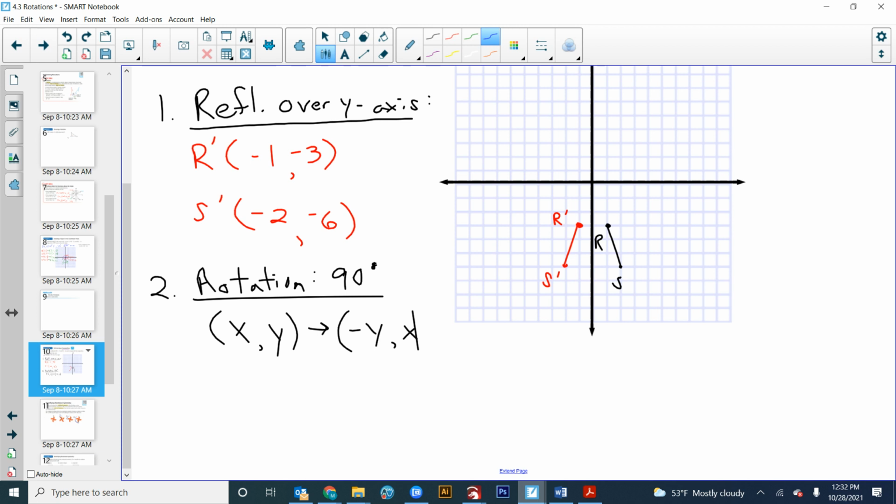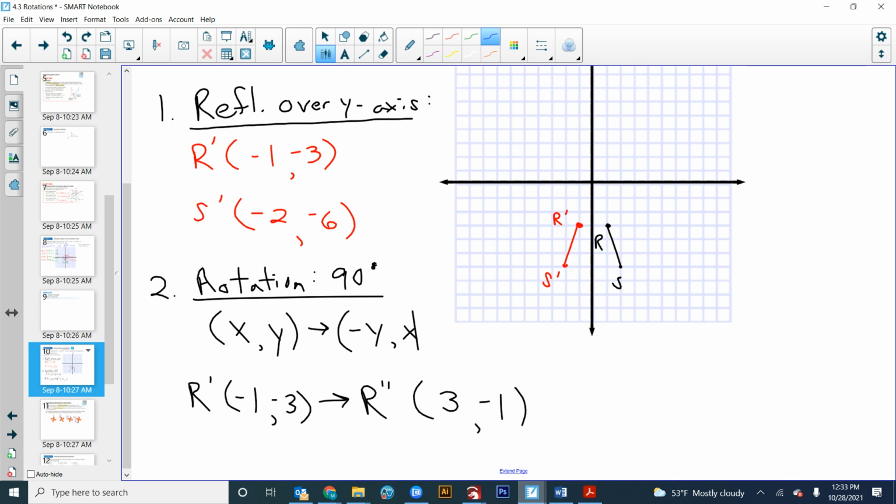So R prime, which was -1, -3, becomes R double prime. Novely, do you want to take that one or pass it off to someone? I think I got it. Is it 3, -1? It is 3, -1.